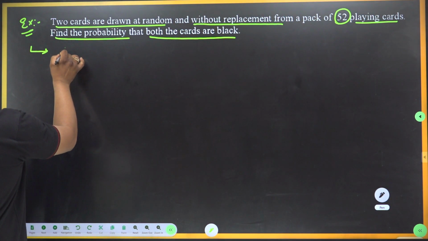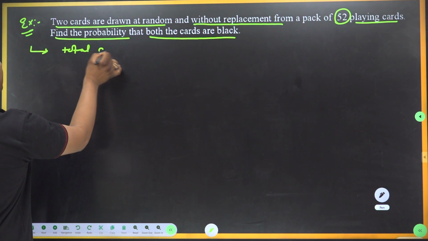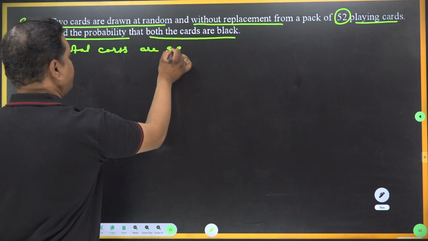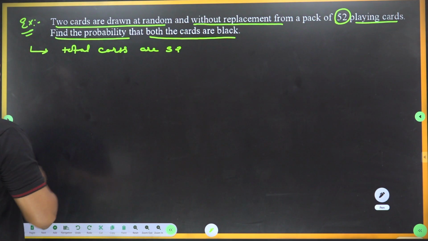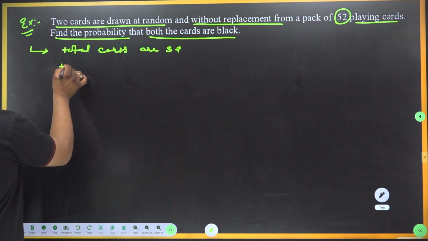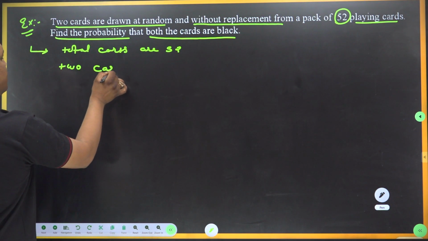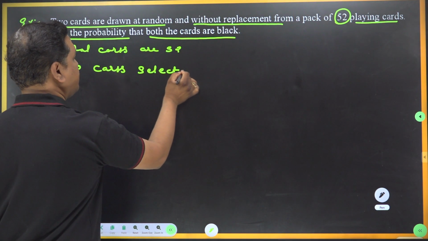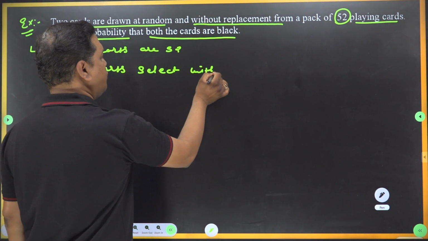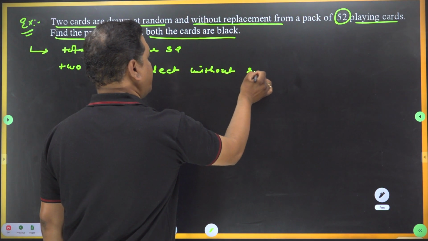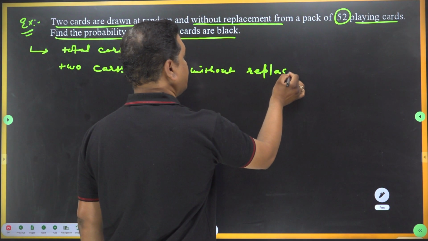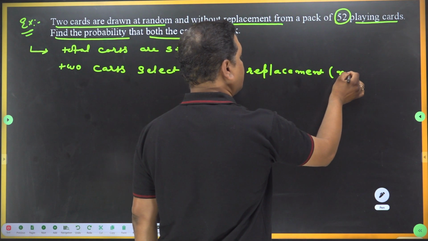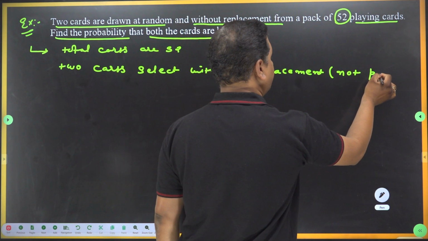So total cards are 52. Now 2 cards are selected without replacement, not repeated.